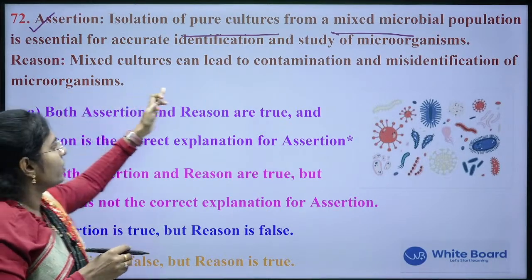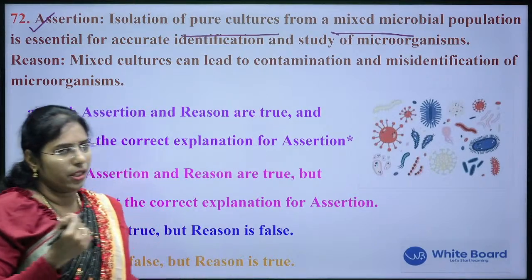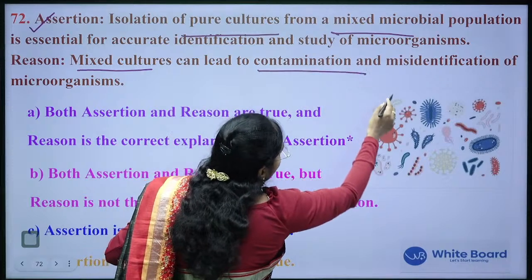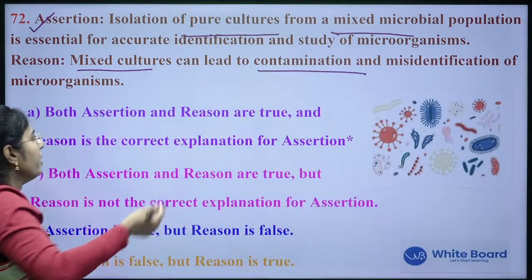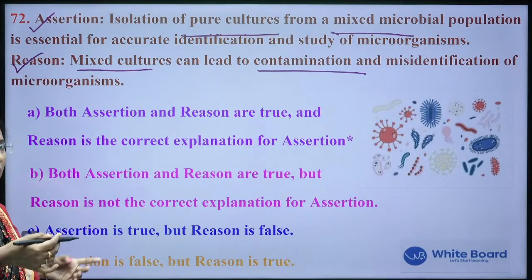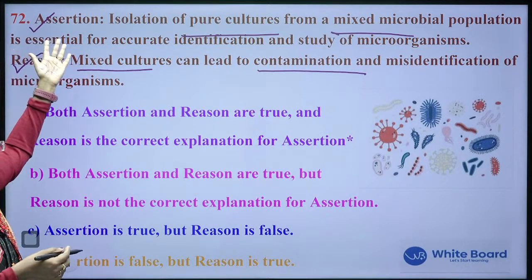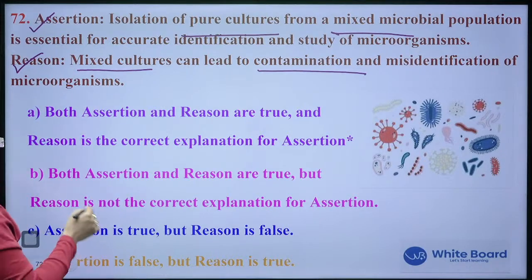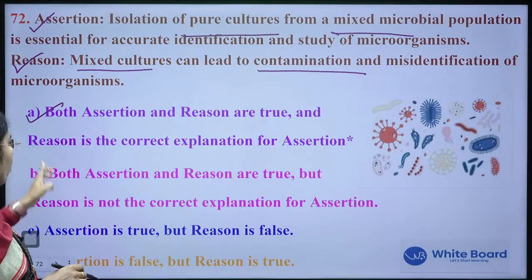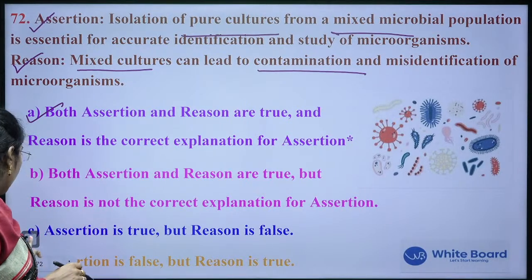Reason: mixed cultures can lead to contaminations. Yes, if they are mixed, then it leads to contamination and chances of misidentification. So both assertion and reason are correct, and reason is the correct explanation for this assertion. So this is the correct answer.